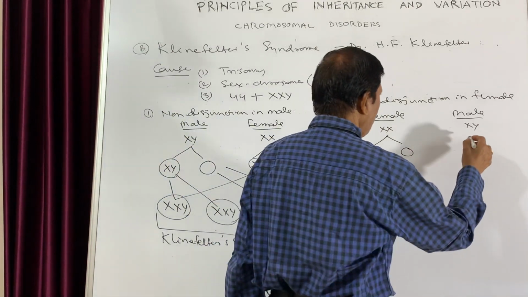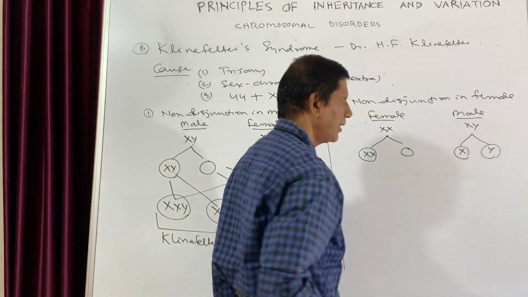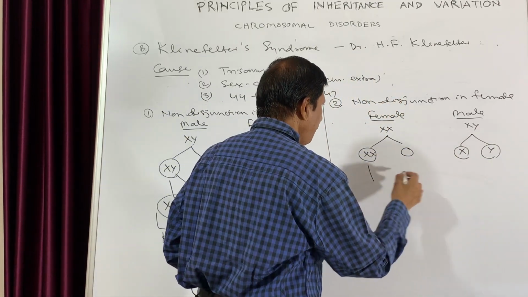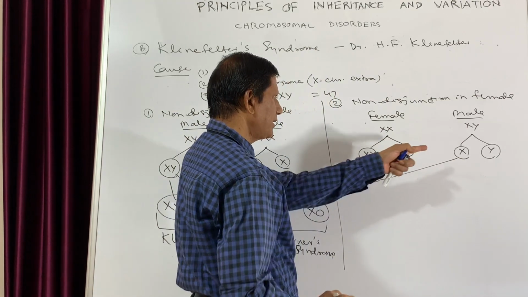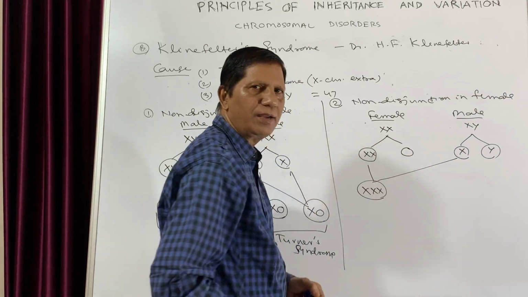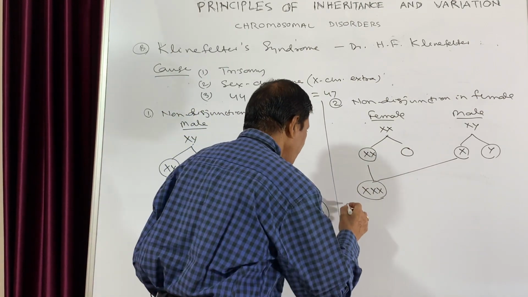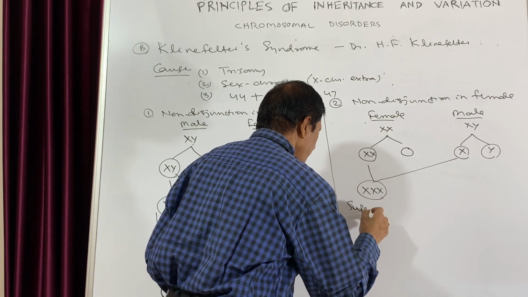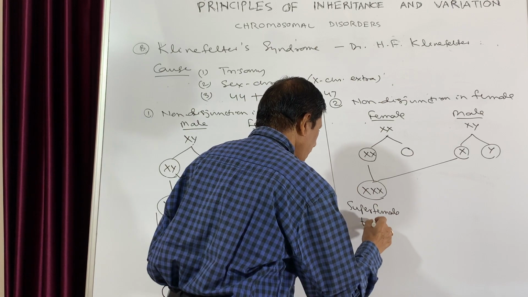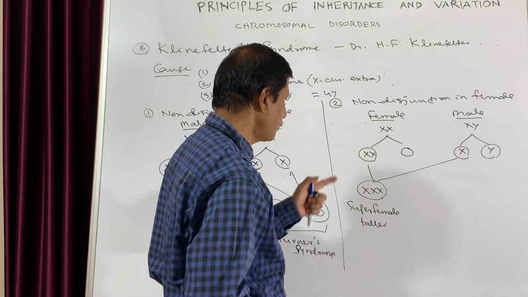And here it will be X and it will be Y. Now when there is fertilization, when double X fertilizes with X, it will be triple X. And when it is triple X, it is a super female. This female will be very much taller, but will look like a normal female, but a super female.